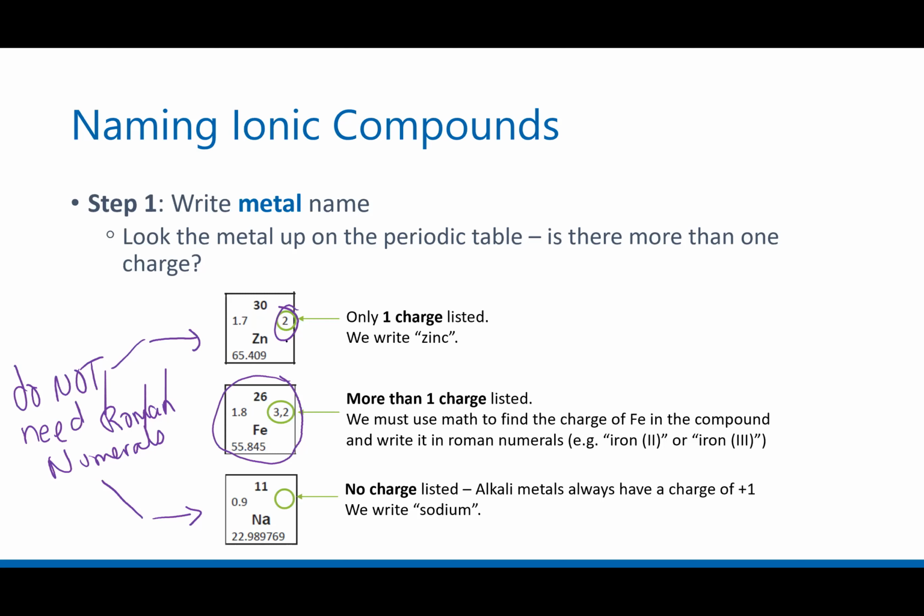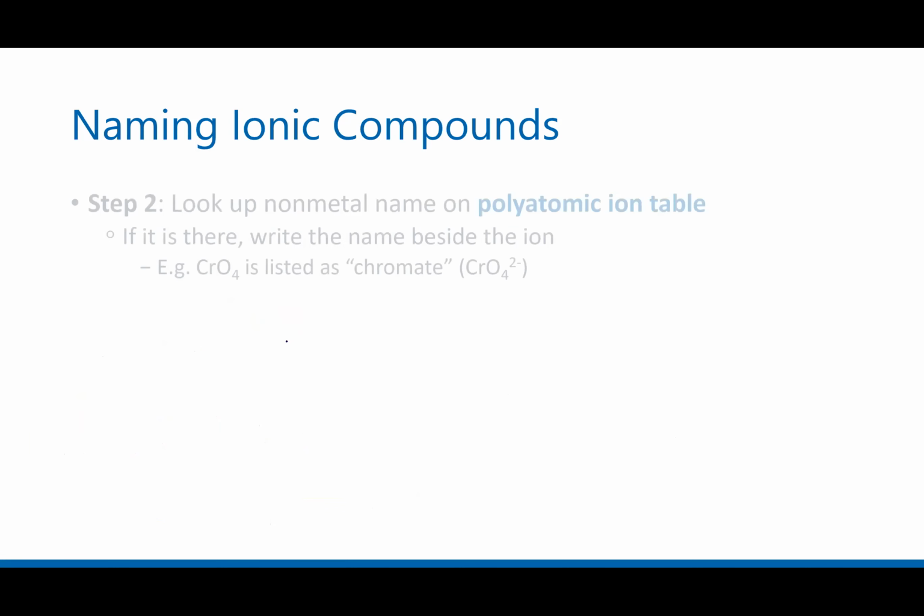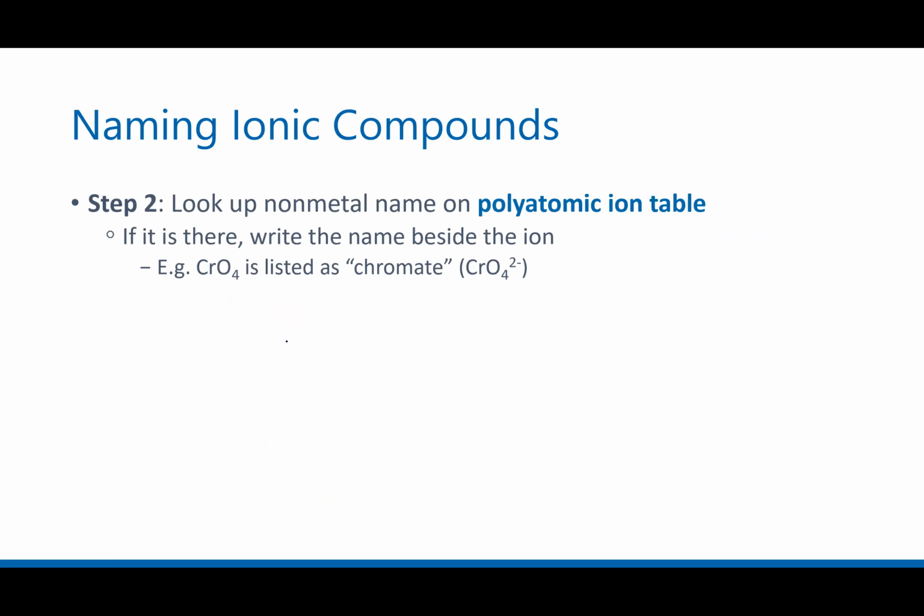The difference between the charge on ions is huge and can completely change an experiment. So we use Roman numerals to tell the viewer, the reader, me, or a lab instructor, what metal, specifically transition metal, we're talking about. I'll get into more detail when I do some examples with you.